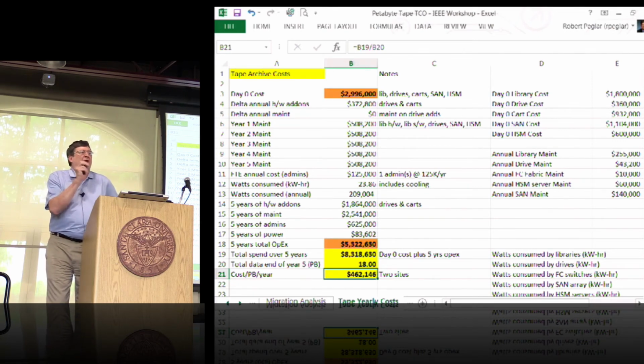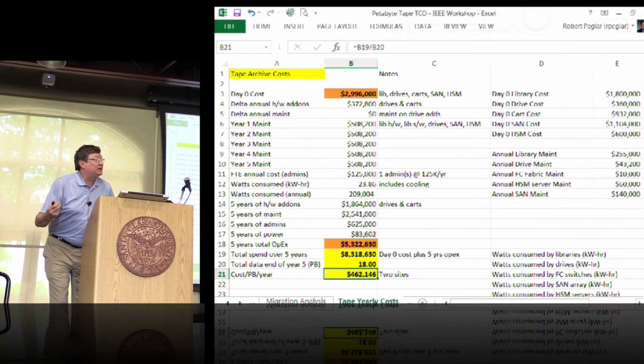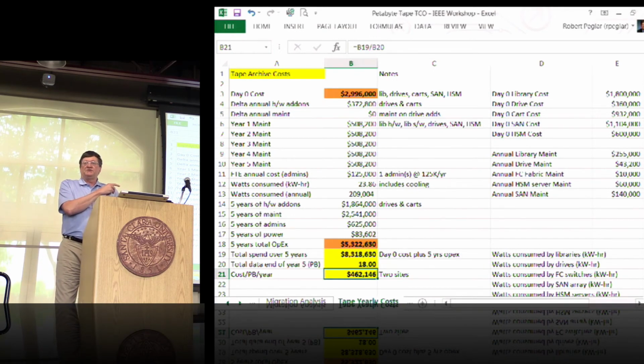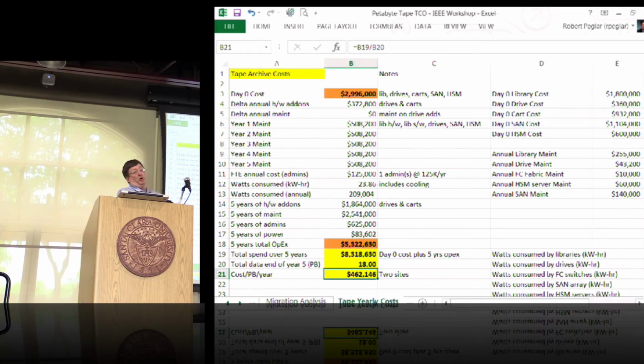CapEx is a rounding error. They can buy any damn thing they want. But running it at scale takes a lot of money. On the other hand, enterprises are scared to death of CapEx. They don't want to spend a dime, but they've got all sorts of money for OpEx. No cash flow? No problem, I've got cash. So it's different strokes for different folks.